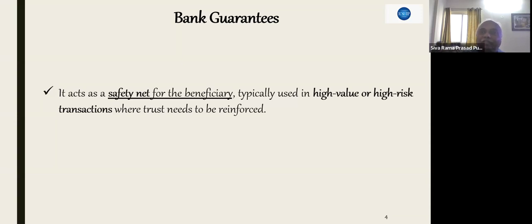In that example I told, if it is for 20 crores and he is not a borrower, he is a new person not having any loans with us, then we will insist on 20 crores. If you put a deposit, we will mark lien on the deposit and issue the bank guarantee. In that case, we don't charge higher commission.